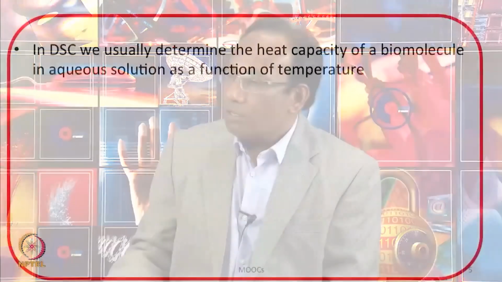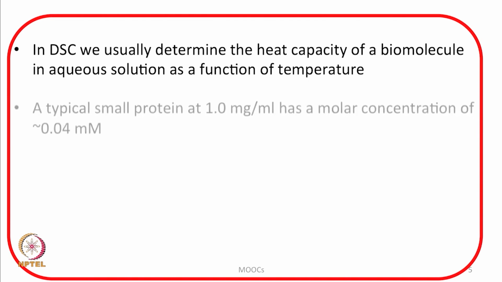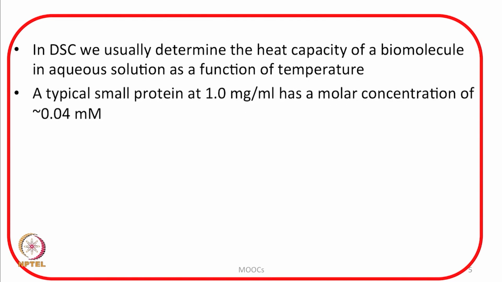So, as commented over here, in DSC we usually determine the heat capacity of a biomolecule in aqueous solution as a function of temperature. And typically, when you prepare a protein solution, the molecular weight of protein is generally very large compared to your buffer or other small molecules.